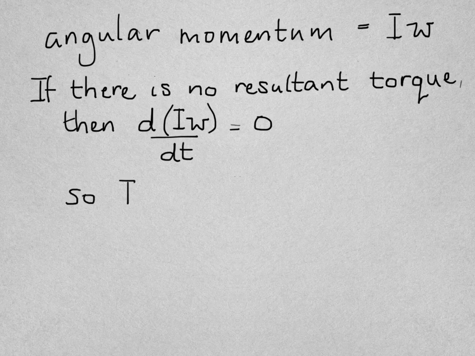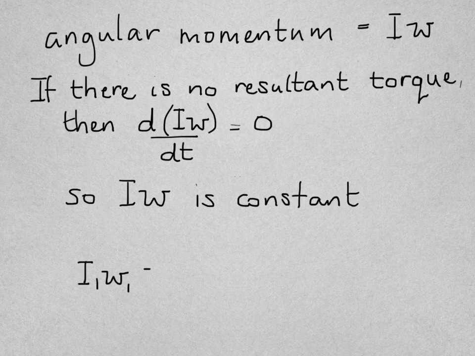So that means I omega is constant. So if something is changing shape, so its moment of inertia is changing, we could write that I1 omega 1 is I2 omega 2.